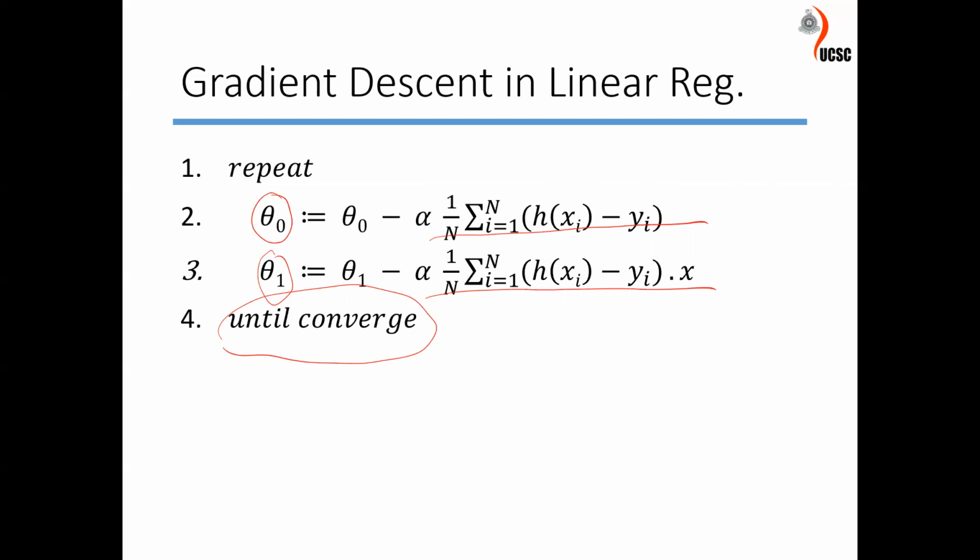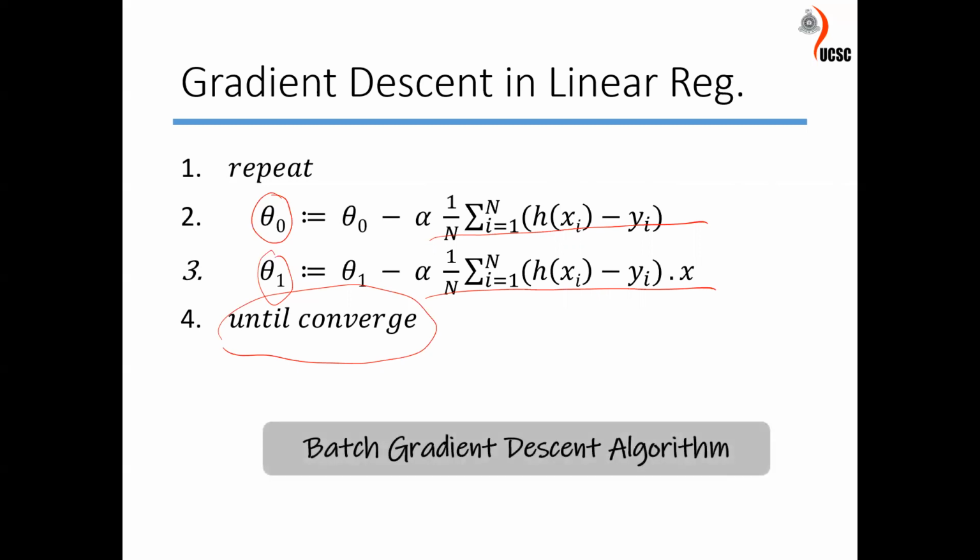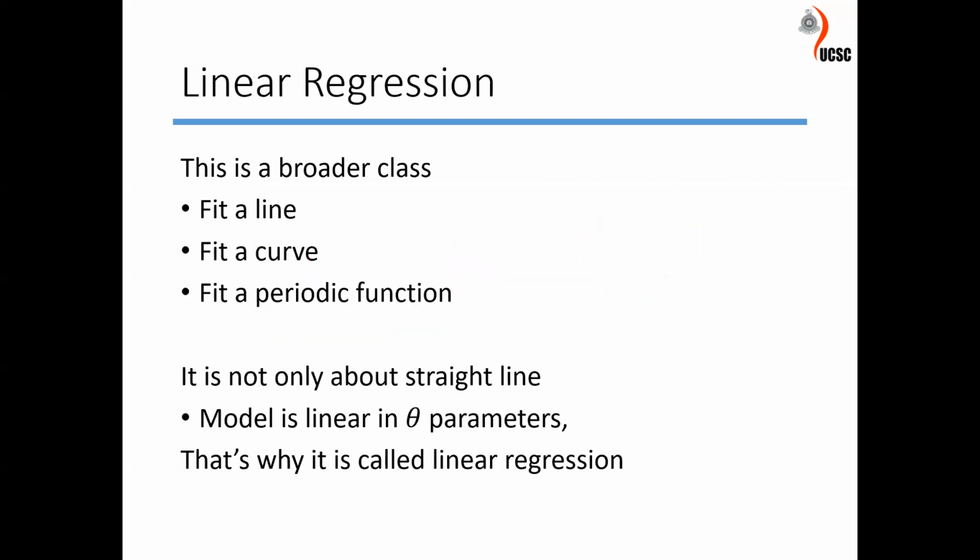In that case, you will get your target hypothesis. So this is the batch gradient descent algorithm, and this is the end of linear regression.